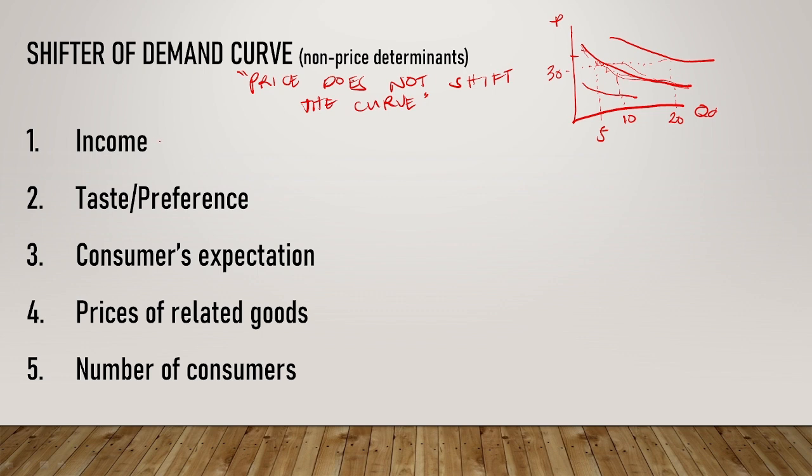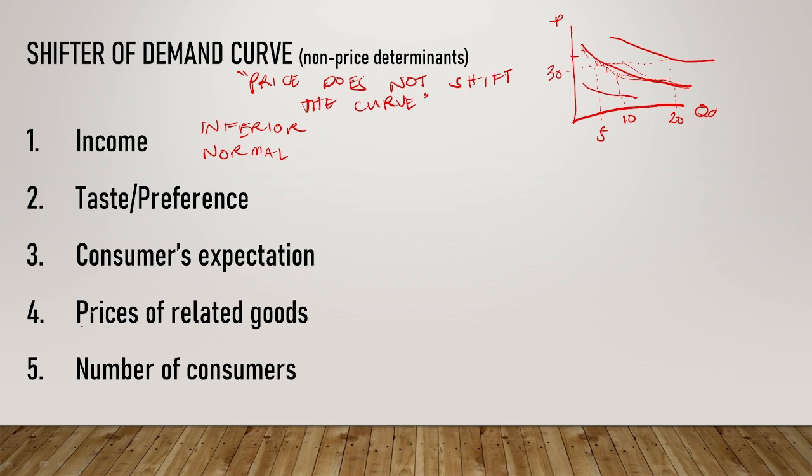Income can change the demand. As I said, there are two things that can happen: we have inferior goods and we have normal goods. For inferior goods, a normal example is tinapa.